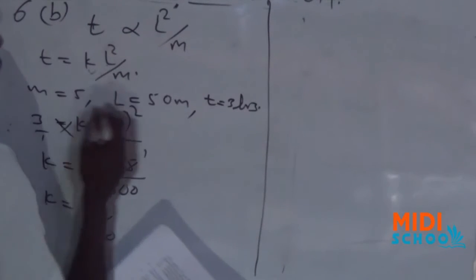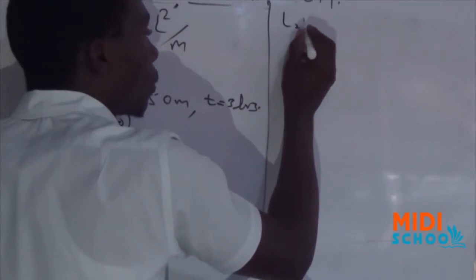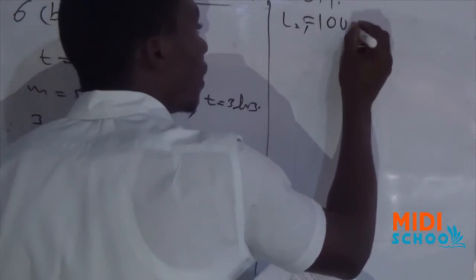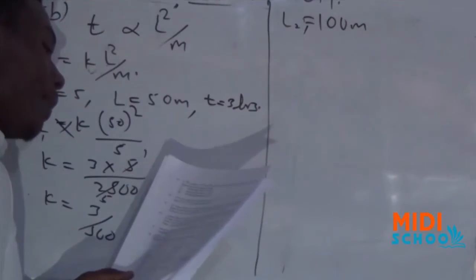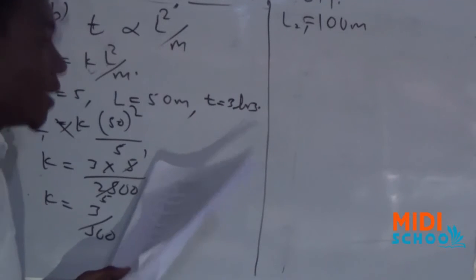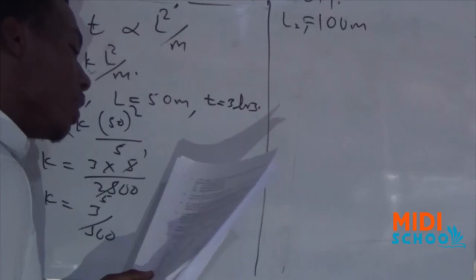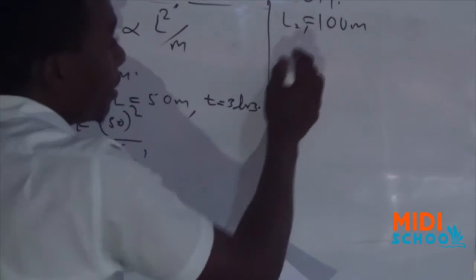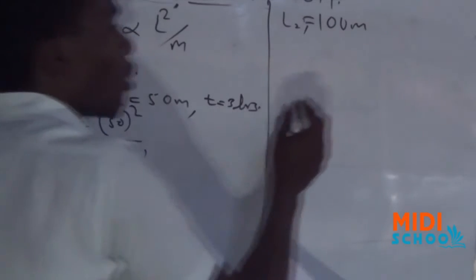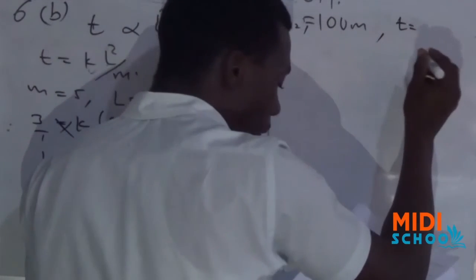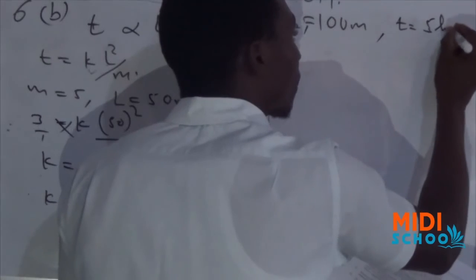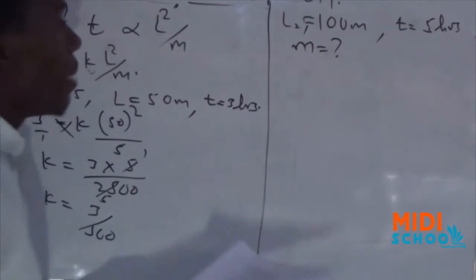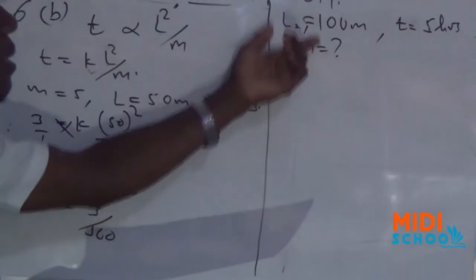Here we are given L, let's say L2, that the side is 100 meters, and they demanded we find the number of men if this 100 meter side of the field was accomplished within a time of 5 hours. We are required to find the number of men that will accomplish this work.